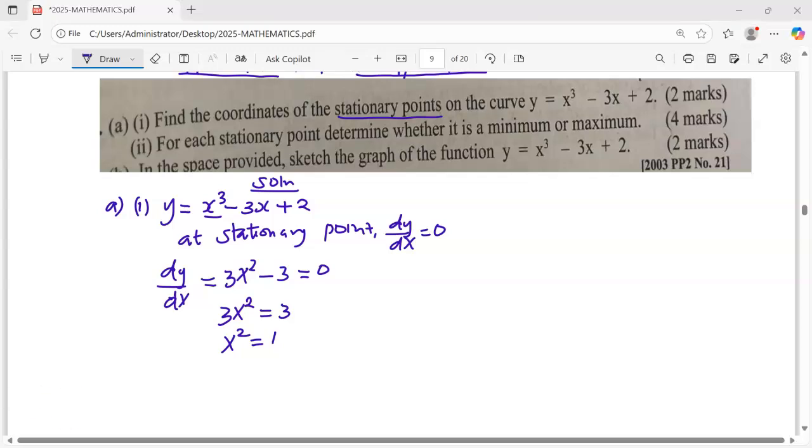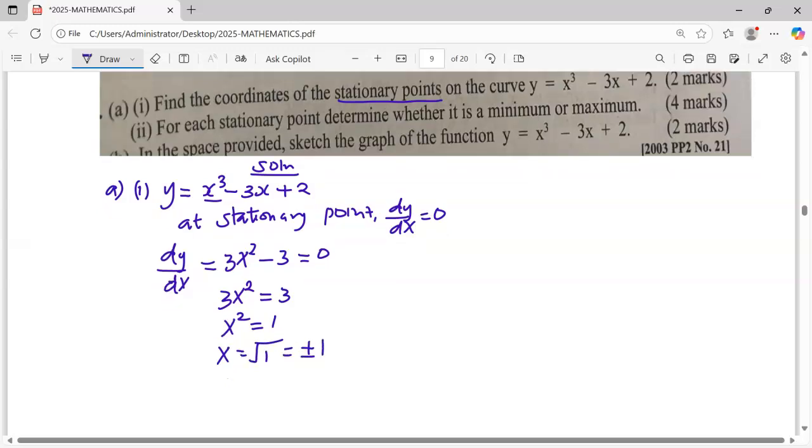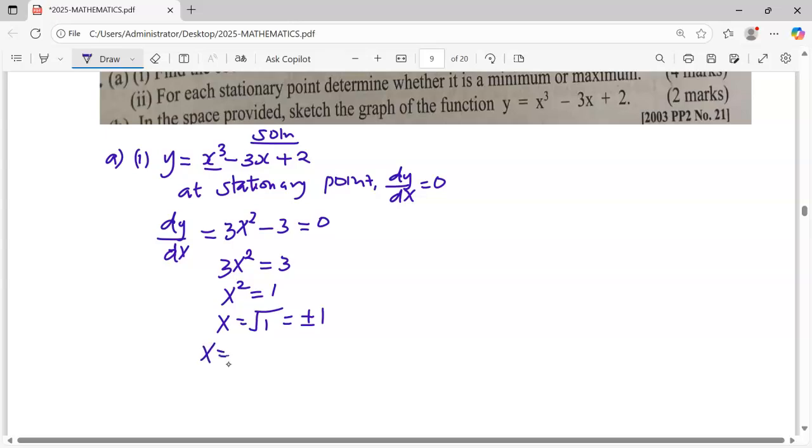To get the value of x, we take the square root of 1, which gives us plus or minus 1, meaning x can either be positive 1 and x can also be negative 1.